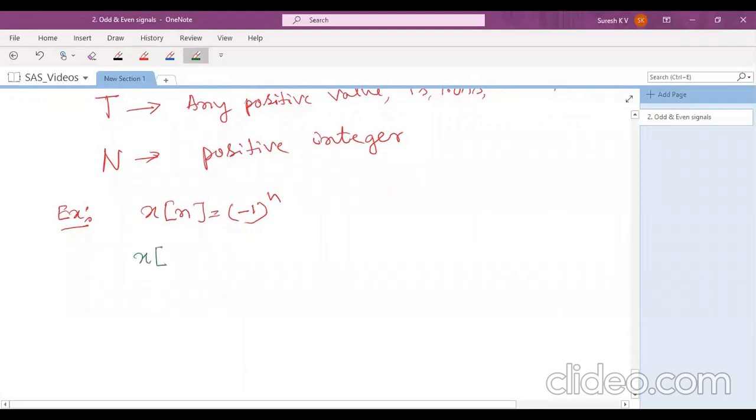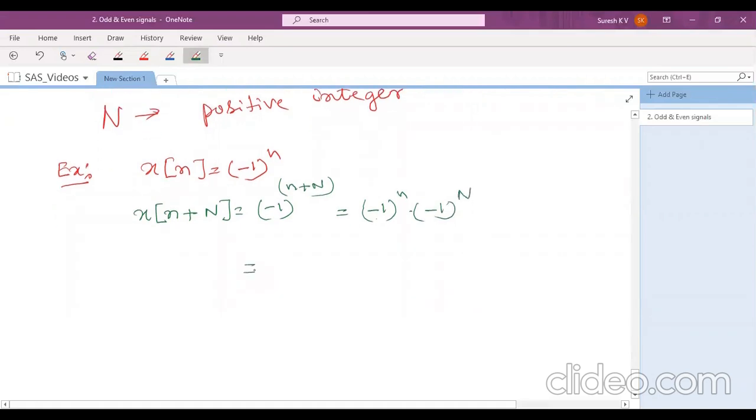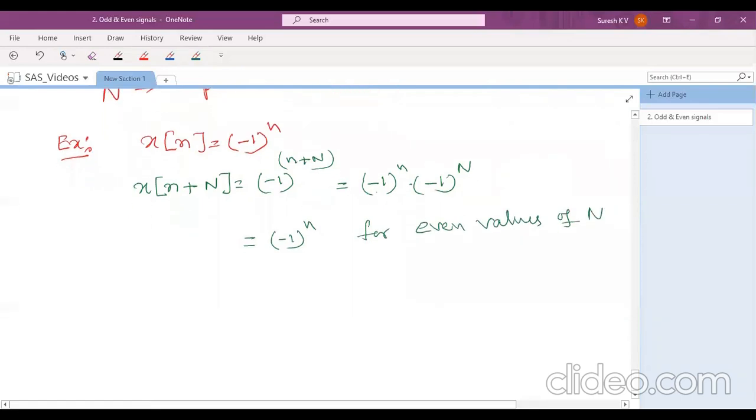The condition to be followed is x of n plus capital N should be equal to minus 1 to the power of n plus capital N. This can be written as minus 1 to the power of n into minus 1 to the power of capital N. And this value is equal to minus 1 to the power of n for even values of N. Even values of N means it can be 0, 2, 4, 6, etc. So the smallest non-zero value is 2.